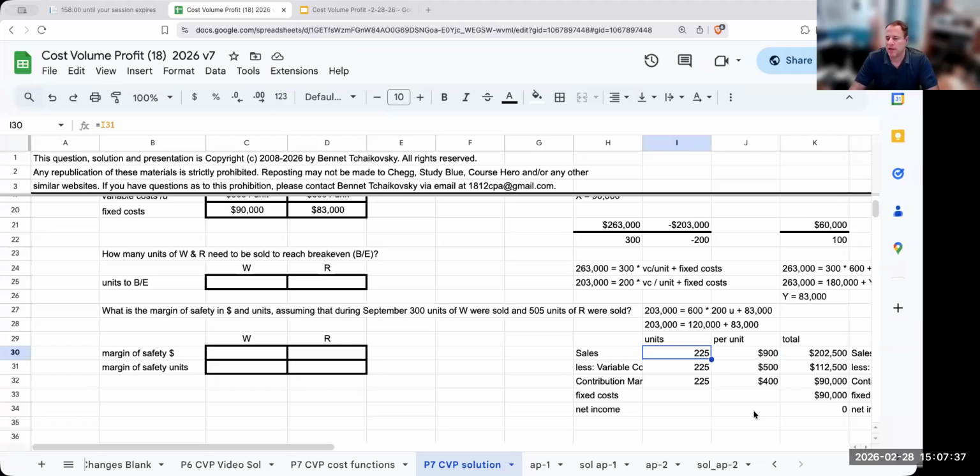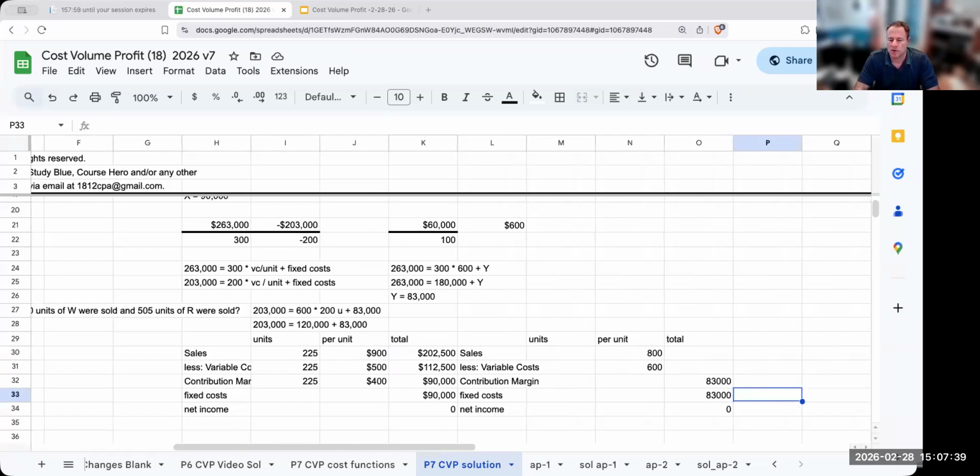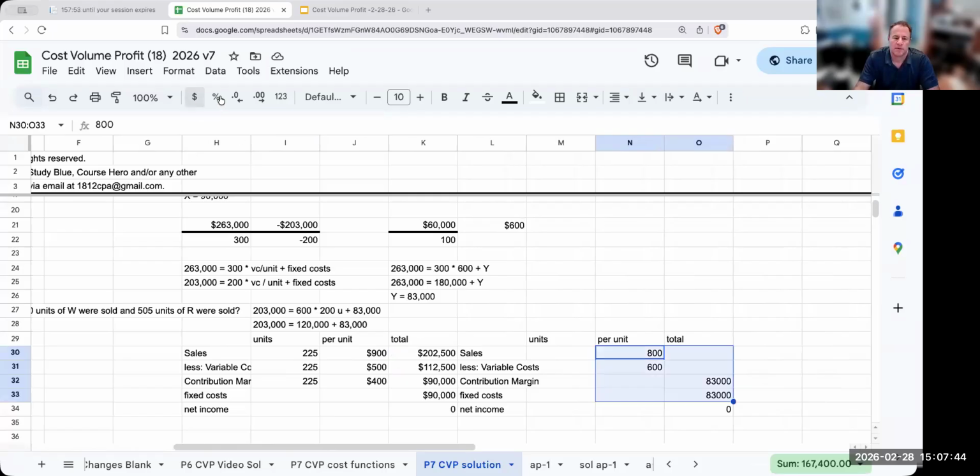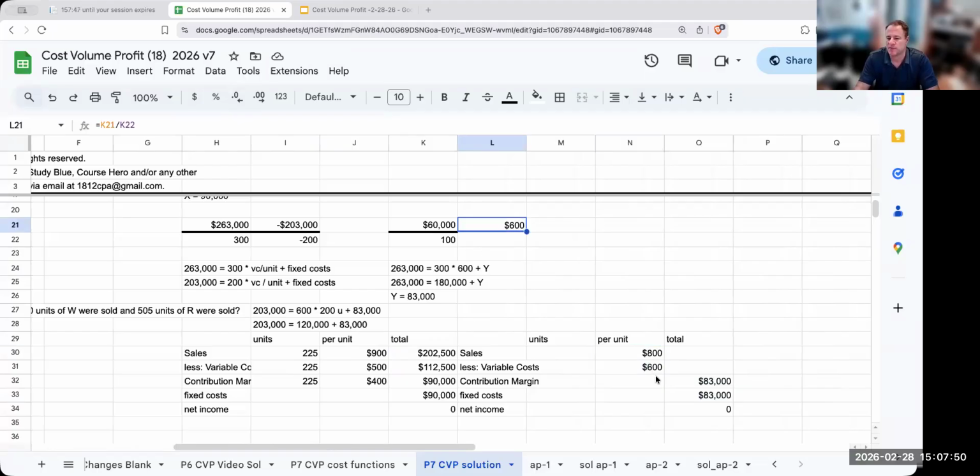Now, what's another way? Let's go ahead and do this also for product R. If my sales for product R were 800, I determined that my variable costs were going to be 600. That means my contribution margin must have been $200 per unit.